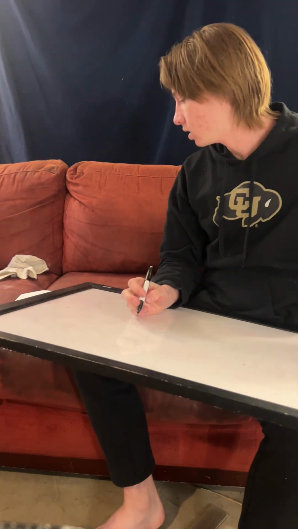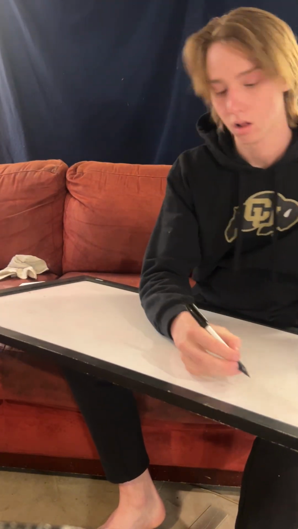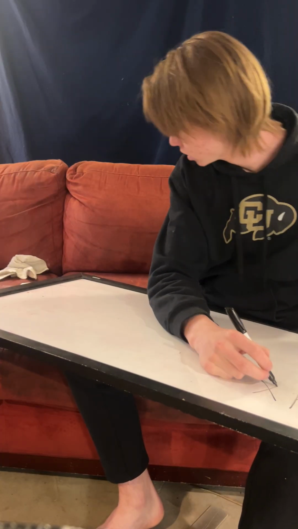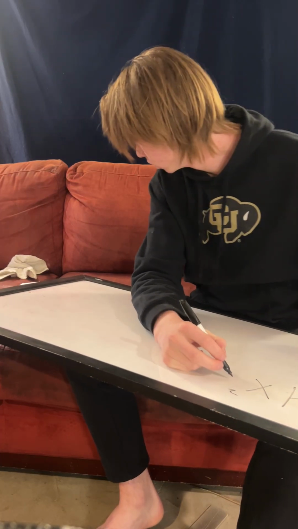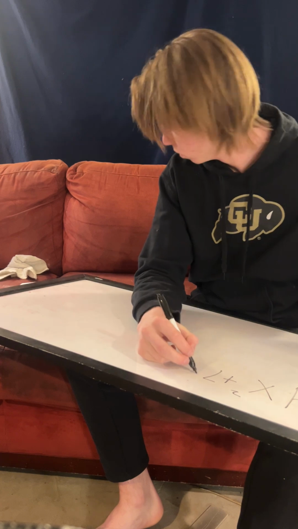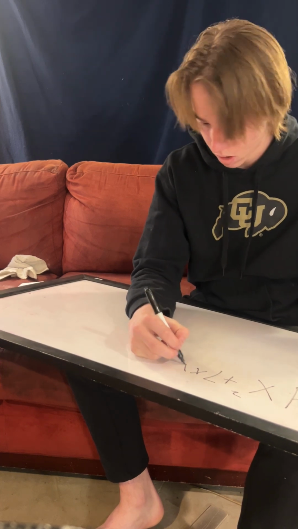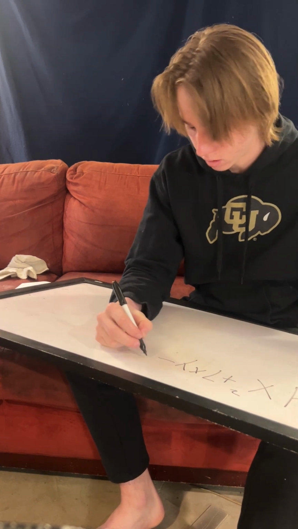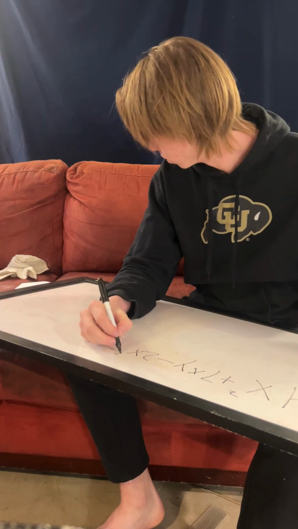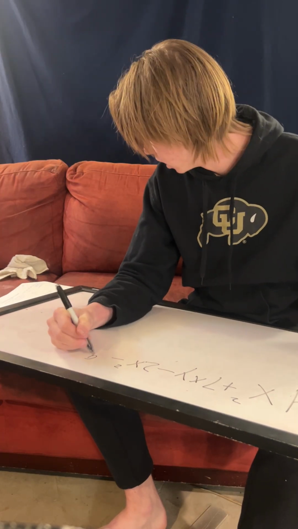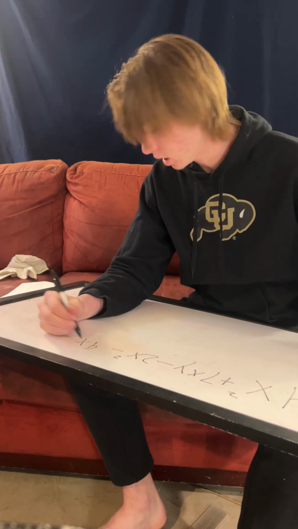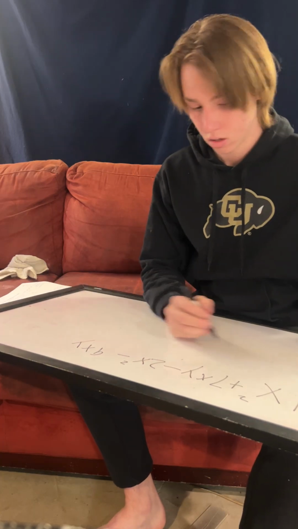Yeah. All right. So that was A, B, and C. We're on part D. 4x squared plus 7xy minus 2x squared minus 9xy. They will not shut up. X, y. Right?